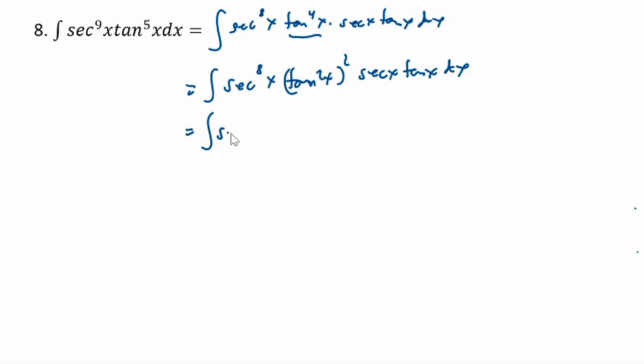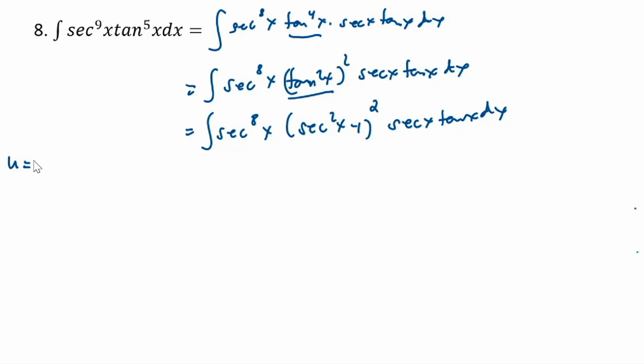So we can write now as secant to the power of 8 of x. Now, using the identity for tangent squared x, which is secant squared x minus 1, to the power of 2 times secant x tangent x dx. From there, I'm going to let u equal secant x and du equal secant x tangent x dx.